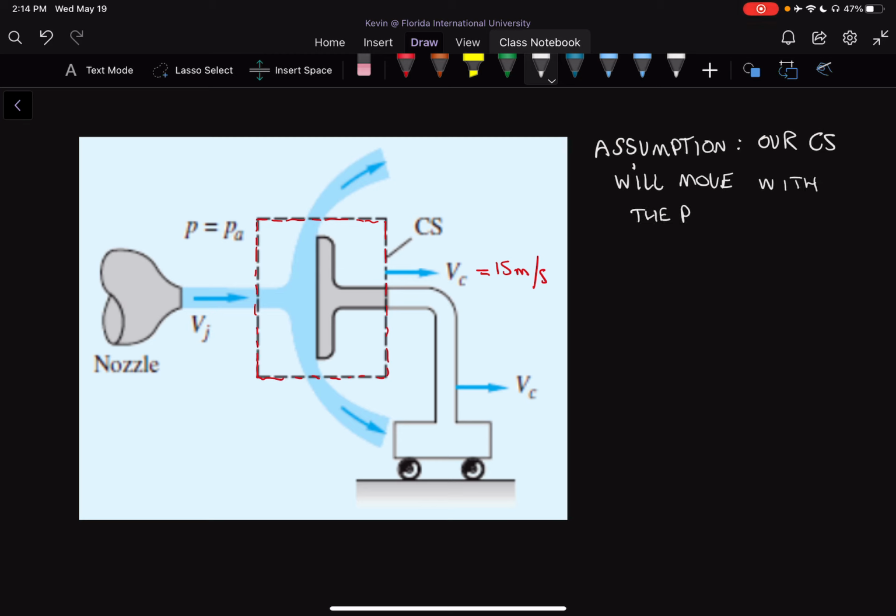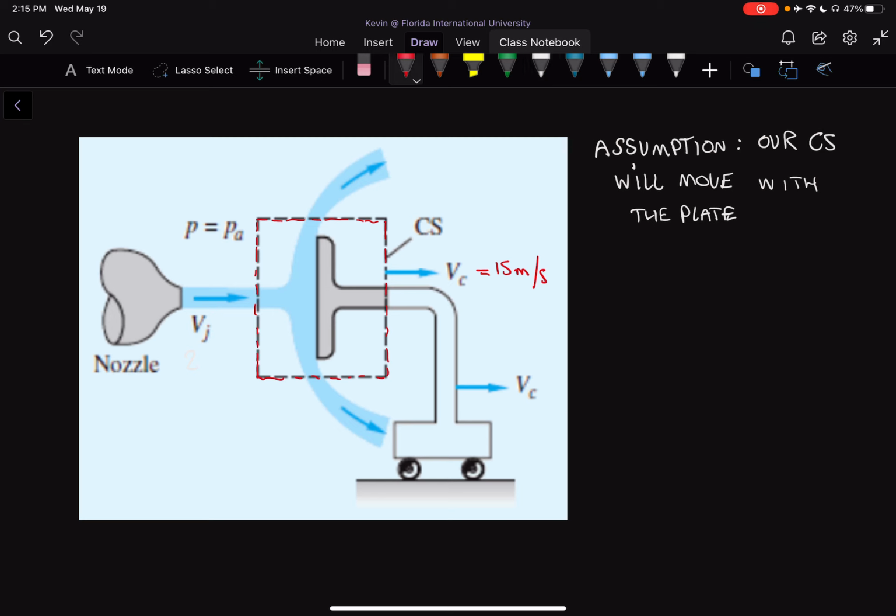So now we have a more complex problem where we have our control surface moving and not just a stationary problem. We could look at the system with a control surface not moving, but then our cart would essentially move out of the control surface and we wouldn't be able to solve anything in the problem. We're also told that Vj is equal to 20 meters per second.